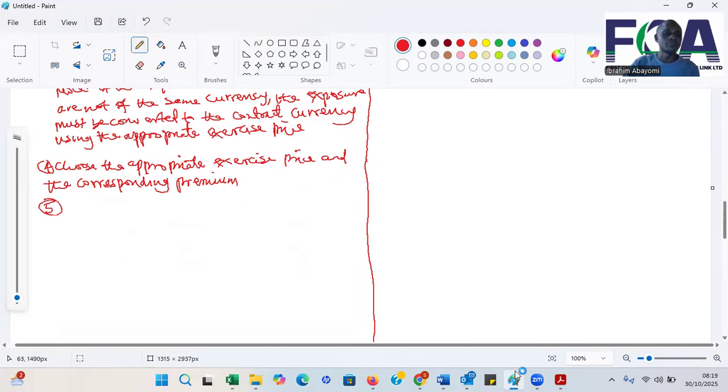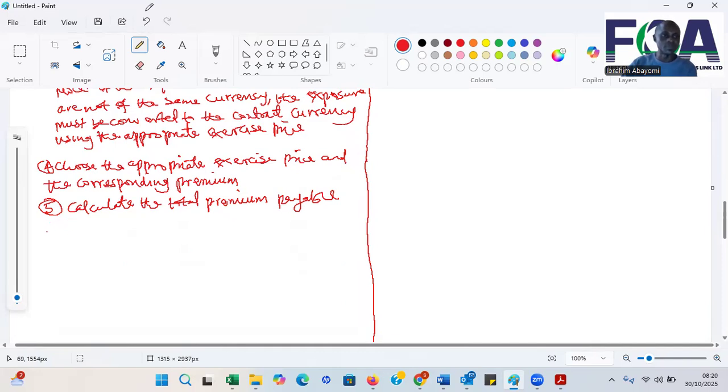Then 5, calculate the total premium payable. Don't forget, premium is upfront. You pay premium immediately.